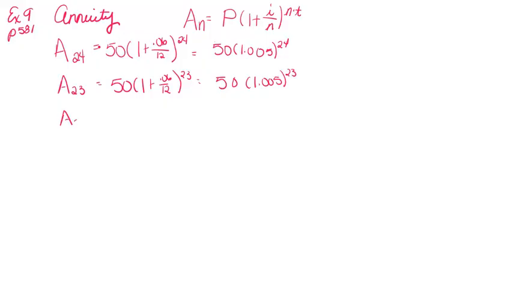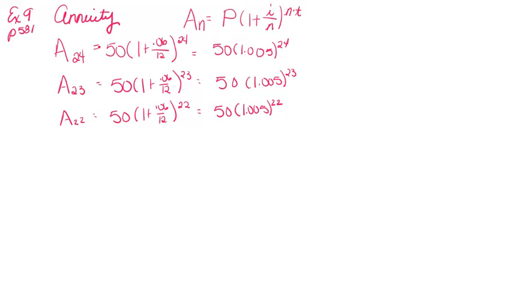And again, the third time I put it in, it will stay in for 22 months. So 50 times 1 plus 0.06 over 12 raised to the 22nd. So that is equal to 50 times 1.005 raised to the 22nd.